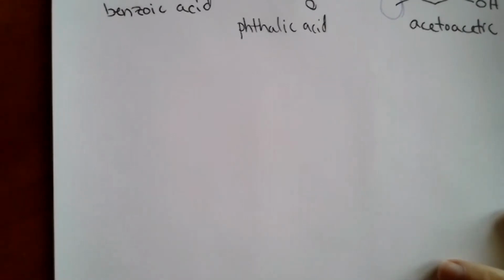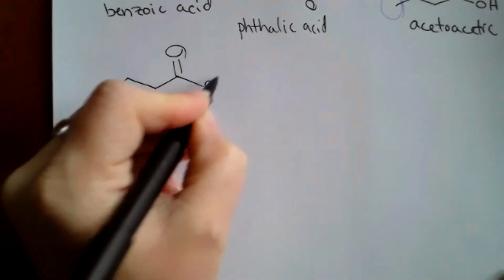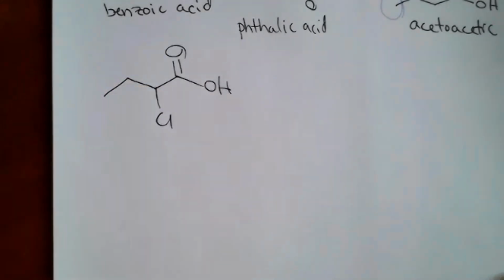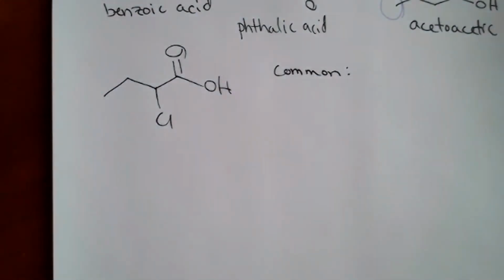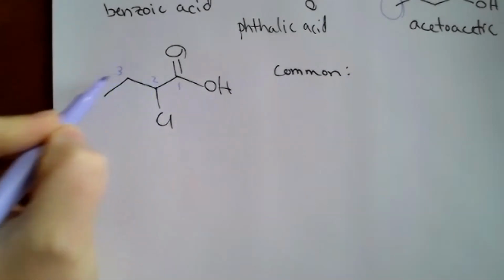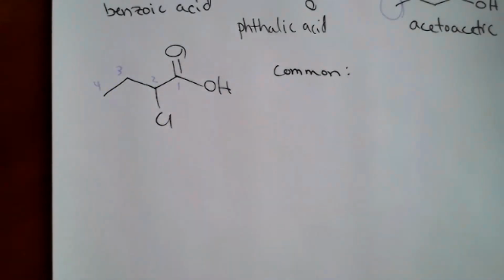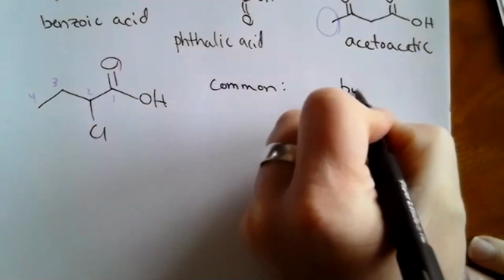Okay, so then let's name that bottom molecule. It looks like this. So if we want to give this guy a common name and an IUPAC name, the common name, the root name for a 4-carbon carboxylic acid, right? The common name for a 4-carbon carboxylic acid is butyric acid.